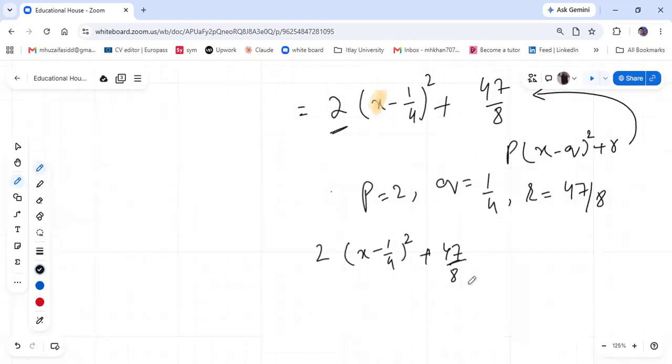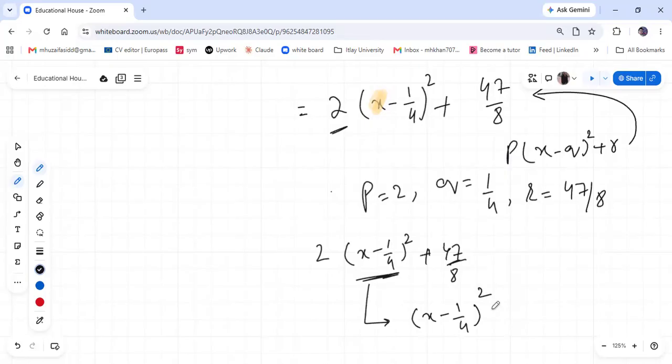We are studying x, so I'm writing this term: x minus 1 over 4, squared. A square of any real number is always greater than or equal to 0.